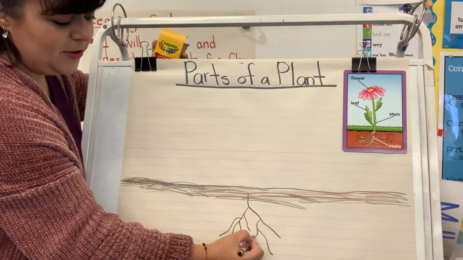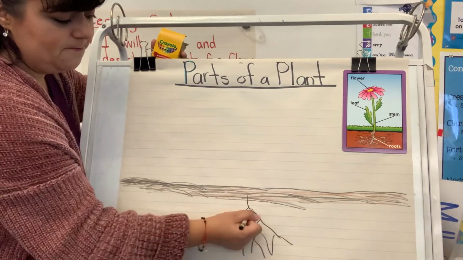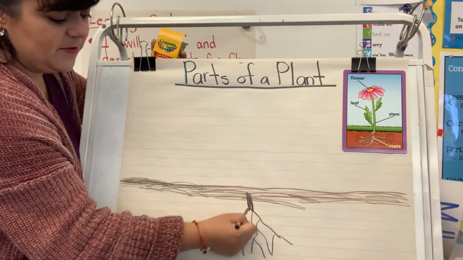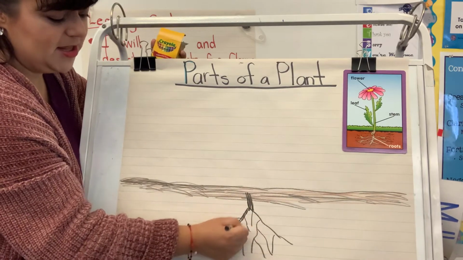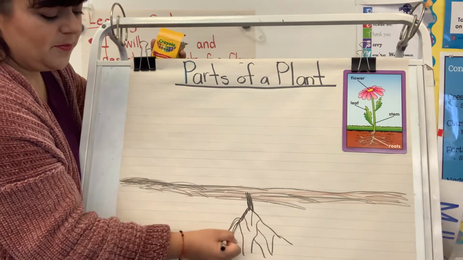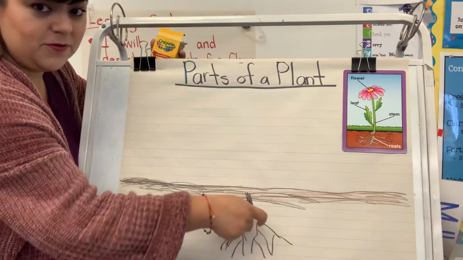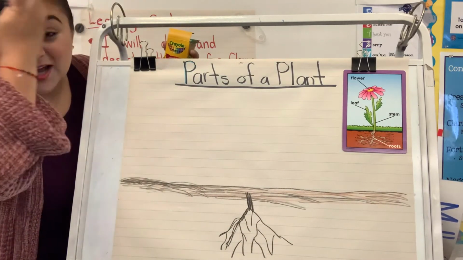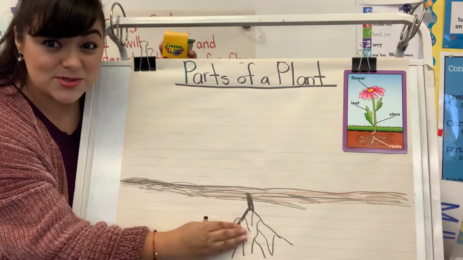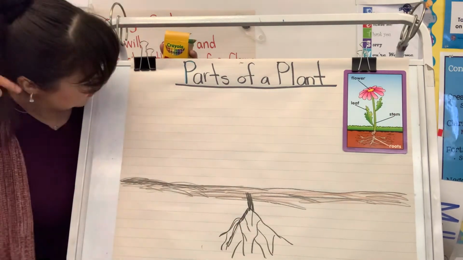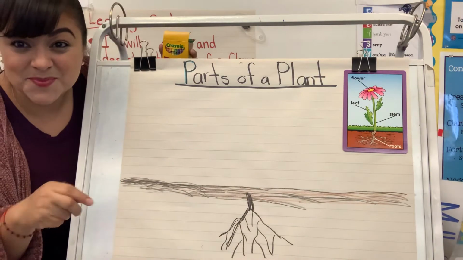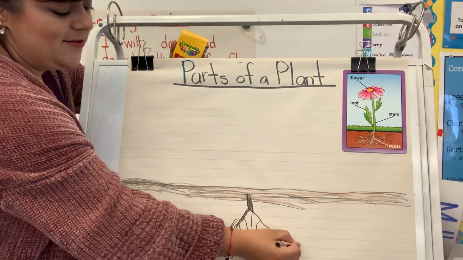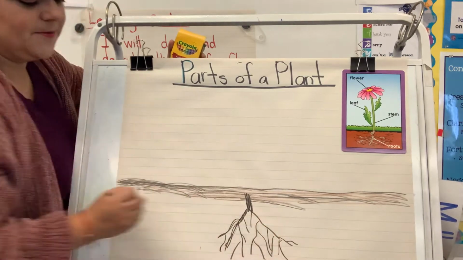So if you ever helped your mom garden and you pulled out a plant, a vegetable, a fruit, anything that grows in your garden at home, if you've ever pulled out a plant and looked at it, underneath, there's a lot of roots and they look like a lot of little hairs sticking out from the bottom of the stem. So these are the roots.